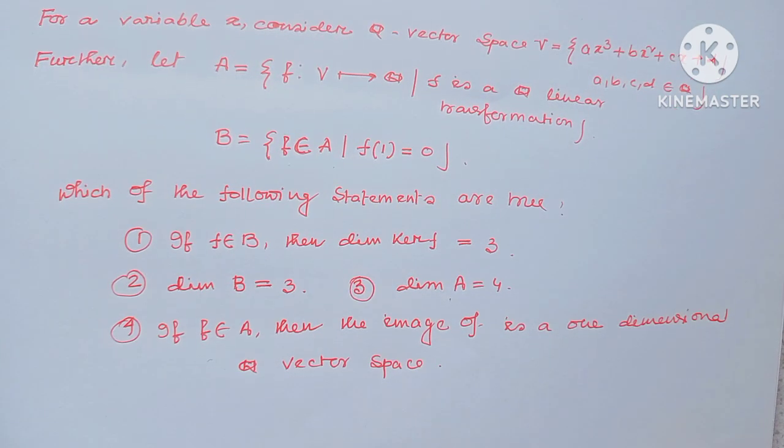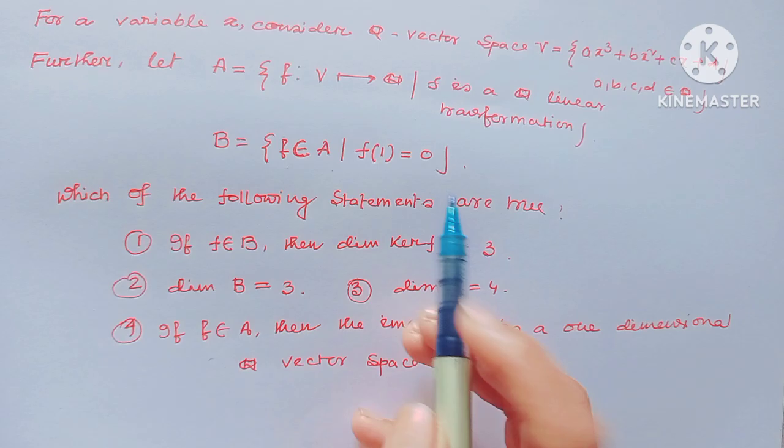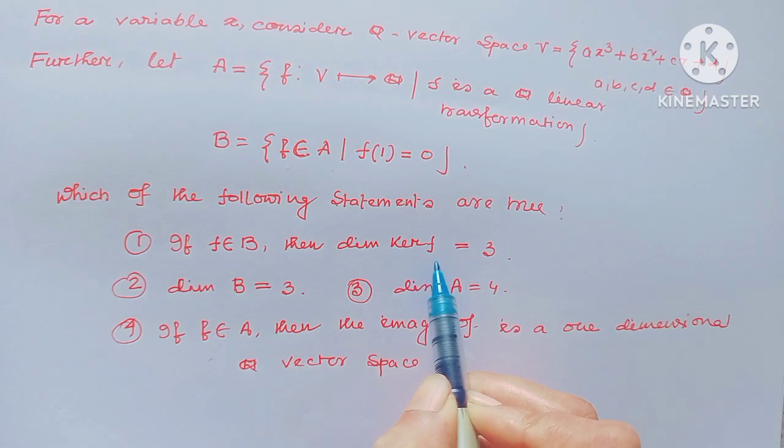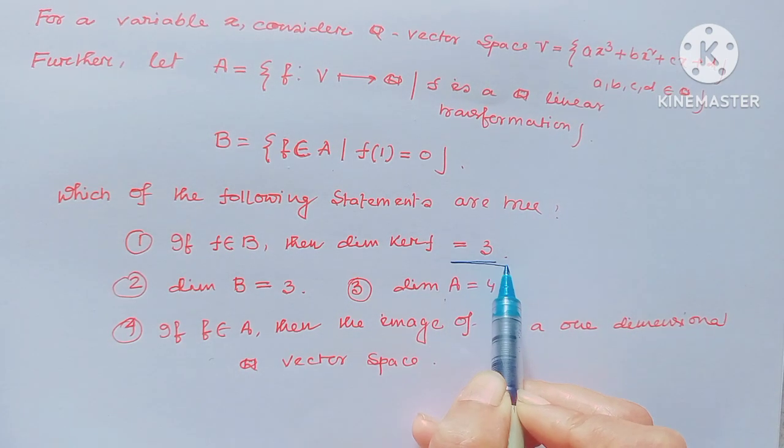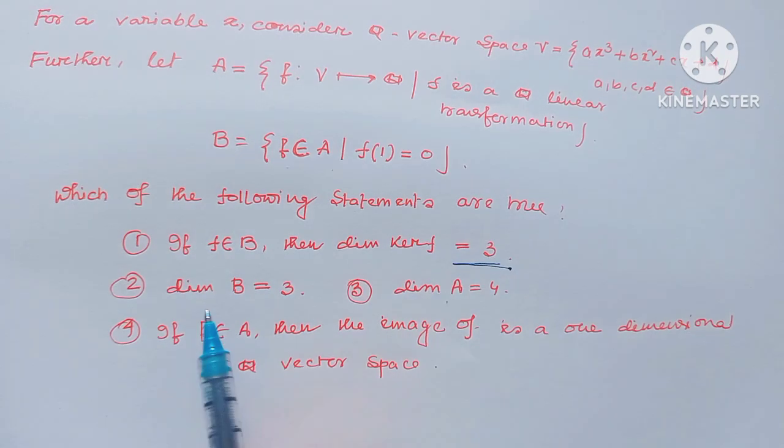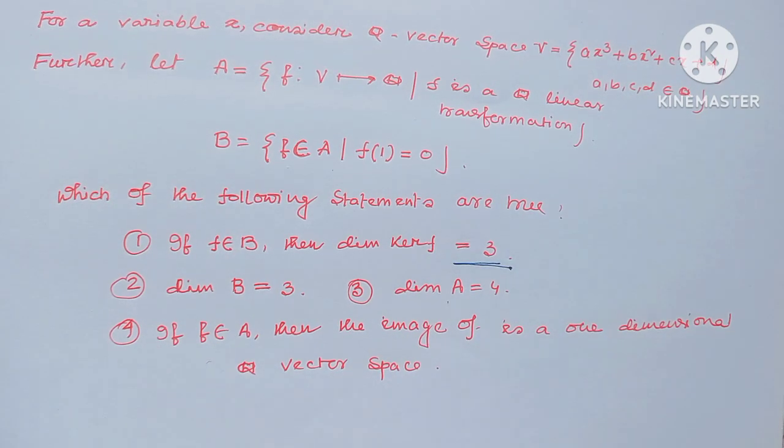Then which of the following statements is true? Option 1. If f belongs to B, then the dimension of kernel f is equal to 3. Option 2. Dimension of B equal to 3. Option 3. Dimension of A equal to 4. And option 4. If f belongs to A, then the image of f is a one dimensional Q vector space.